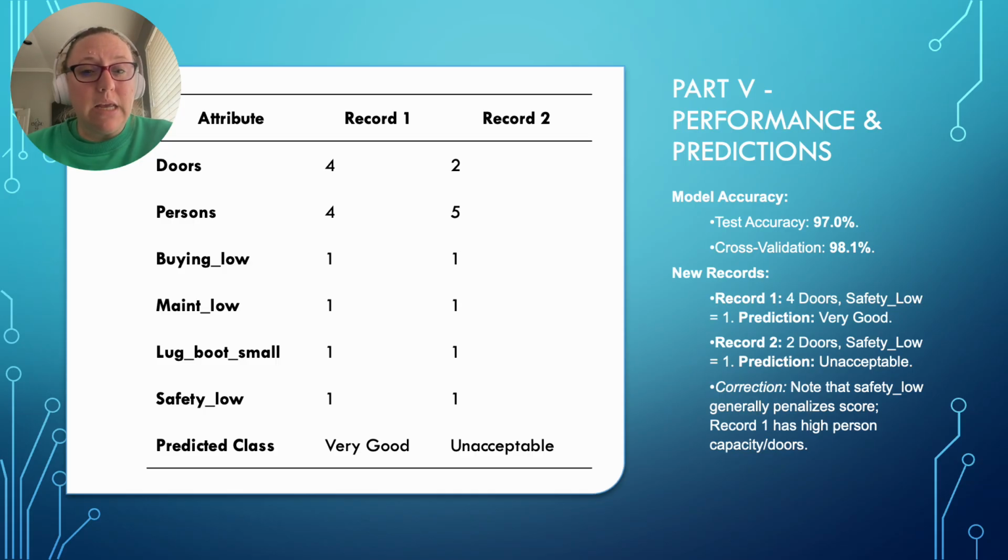Record 2, on the other hand, despite having similar safety ratings, had fewer doors and different attributes, leading to an unacceptable rating. The model, through this, generalizes extremely well to new data, as seen in our predictions and our accuracy and cross-validation rates.